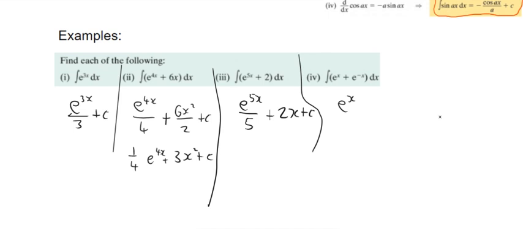So now it'll just be e to the minus x, but then I divide by the differential of what is in here, which would be minus 1. That's minus 1, and then plus c, so it will be e to the x minus e to the minus x plus c.